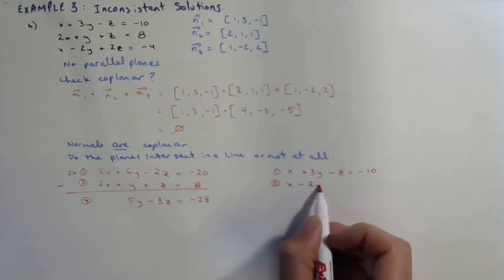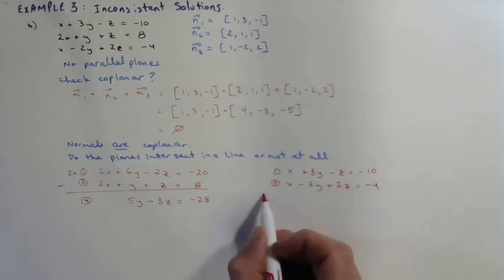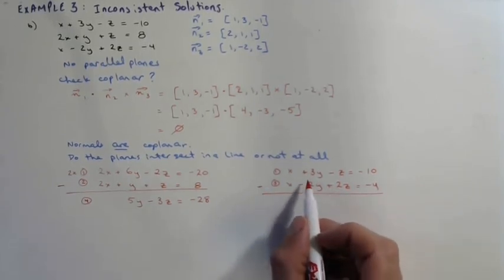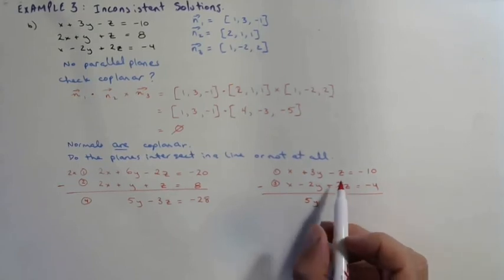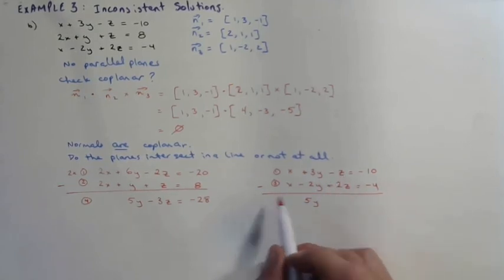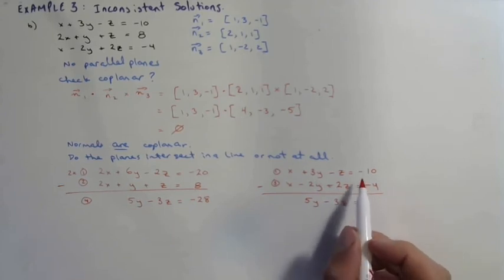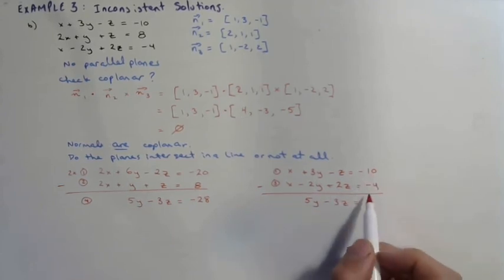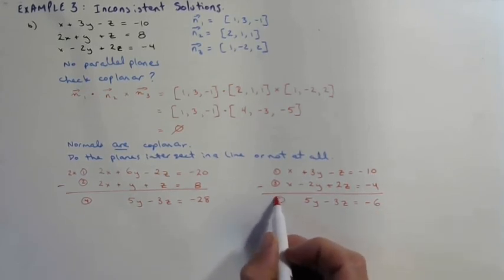X minus 2y plus 2z equals negative 4. Subtracting again, 3 plus 2 is 5y. Negative z minus 2 more z's is negative 3z. And negative 10 plus 4 is negative 6. I'm going to call that equation 5.